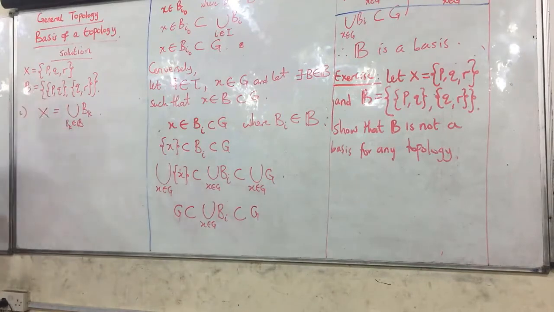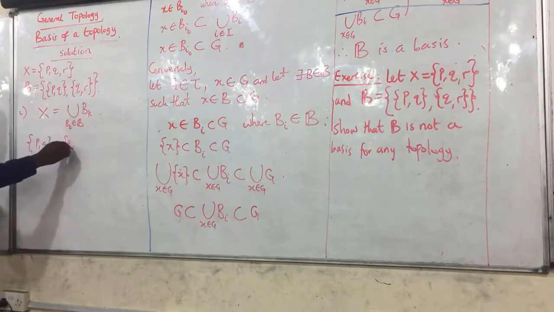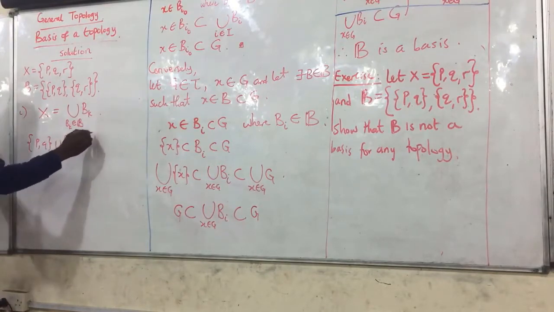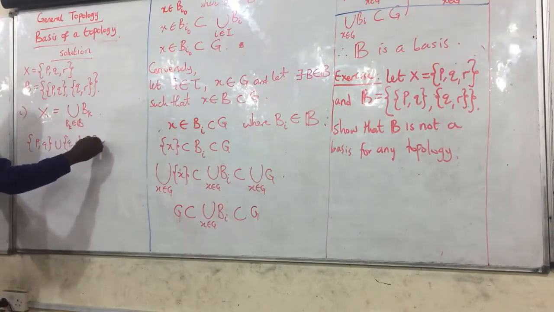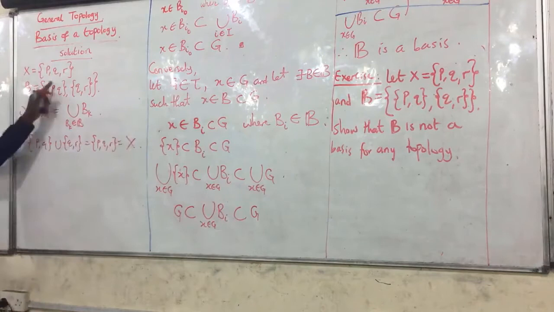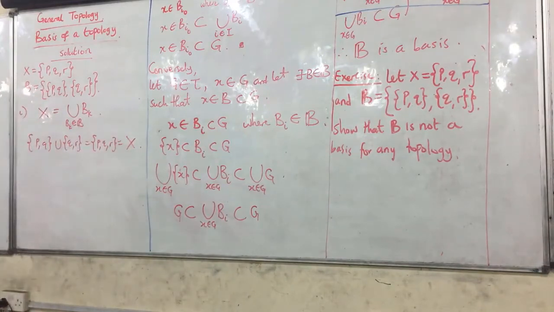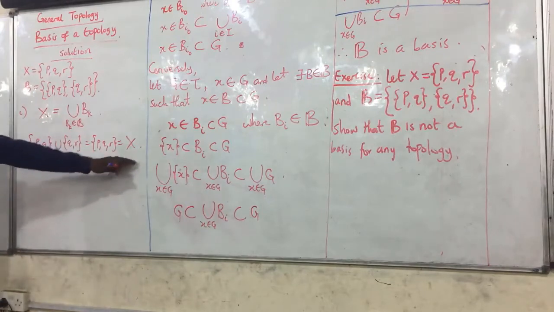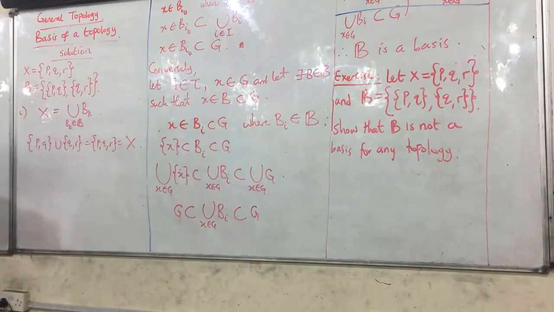And if you take the union of the two elements, PQ union QR, what do you have? PQR, which is actually equal to S, isn't it? So the first condition is satisfied because I can write S as a union of elements in the basis.